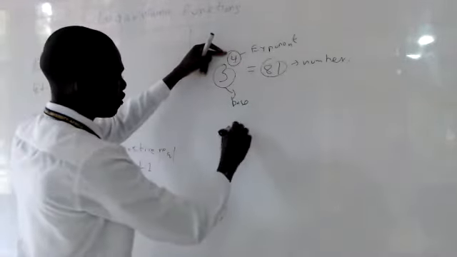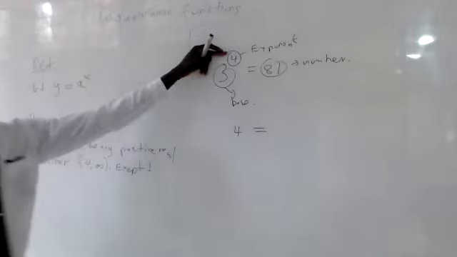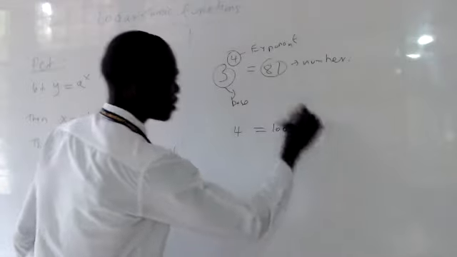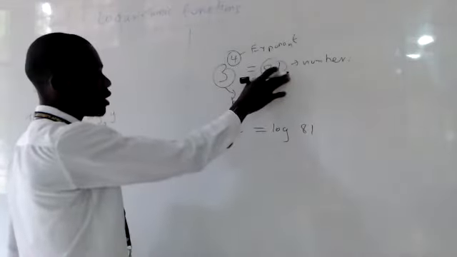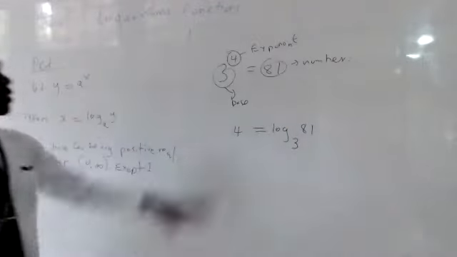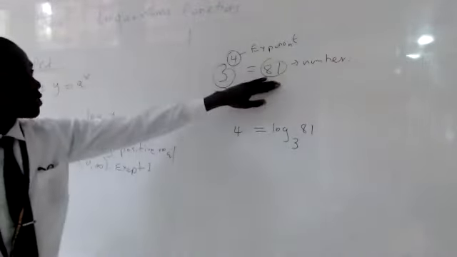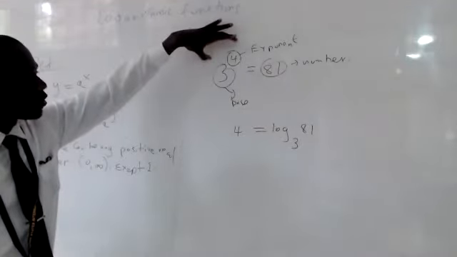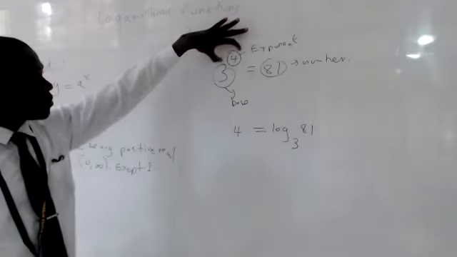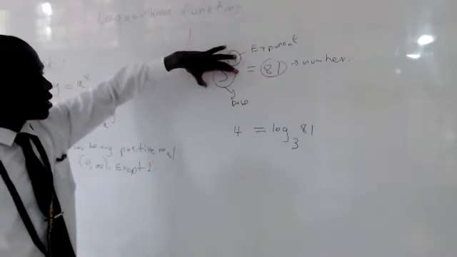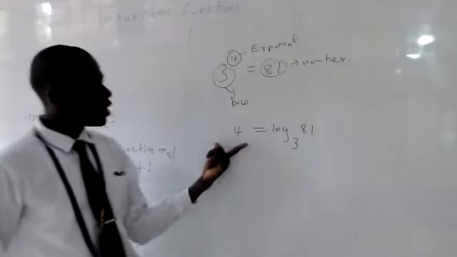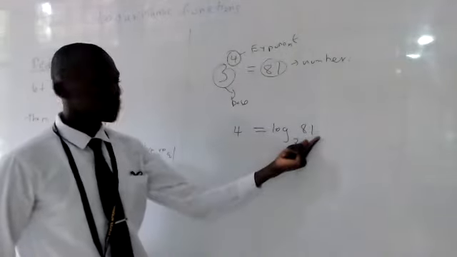You start with 4 is equal to the logarithm of the number you're dealing with, in this case 81. The base is maintained, 3. So, given 3 raised to 4 is 81, to move from the exponential form to the logarithmic form, take the exponent as the logarithm, maintain the same base, and then put the number after the logarithm. You read this as 4 is the log to base 3 of the number 81.